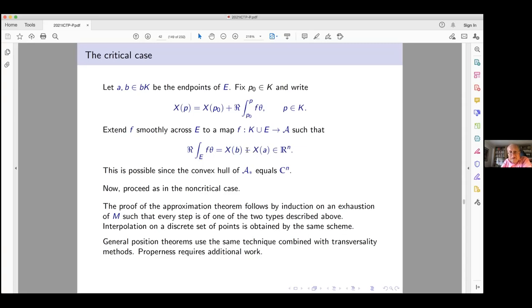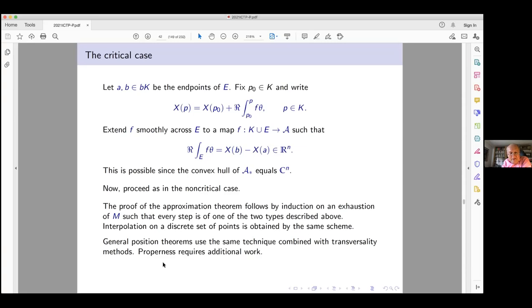And that means you keep the value when you want to keep it. This is the same technology. However, then I stated a general position theorem, and this is also more or less the same technique, except that I also have to use transversality arguments. This I'm not going to be explaining because it would be a lot of technicalities to explain.